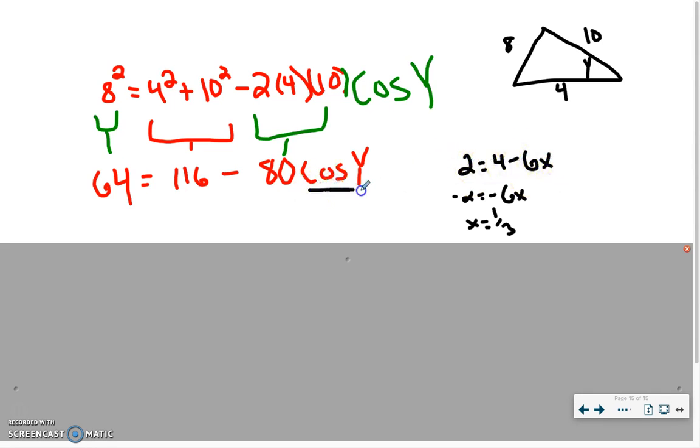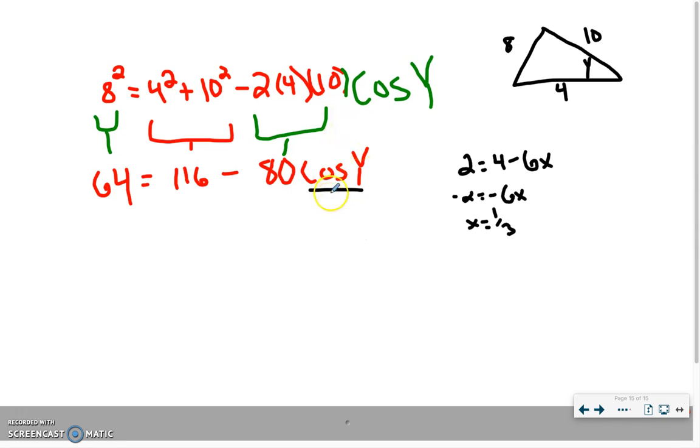It's just that this is represented by your x. So we need to isolate this expression. So we're going to subtract the 116. So 64 minus 116 is negative 52, which is equal to negative 80 cosine of Y.